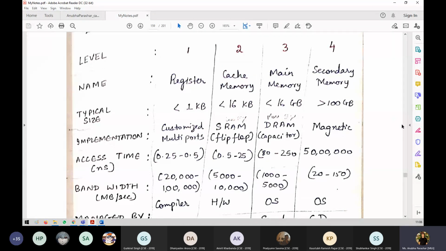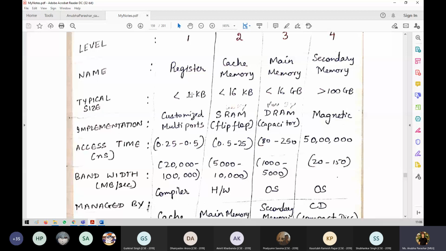About the size, registers are very small in size. They generally consist of bits and bytes, holding data stored in the form of 0s and 1s. Cache is larger than that, at around 16 kilobytes, and main memory is larger, around 16 GB, although we have 4 GB RAM, 2 GB RAM, 8 GB RAM.